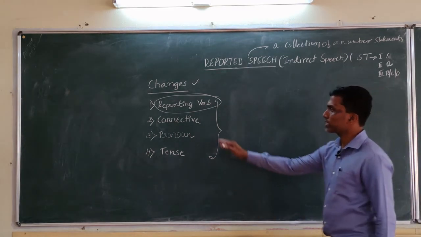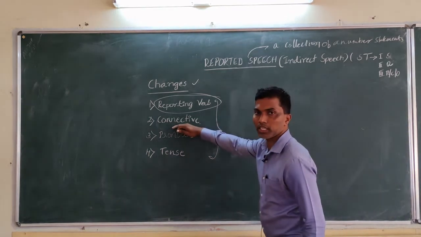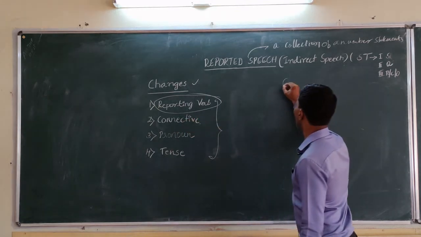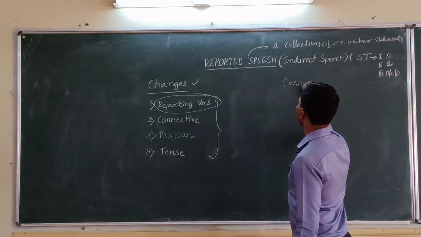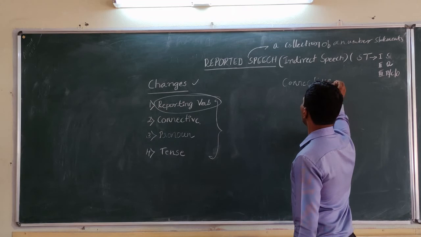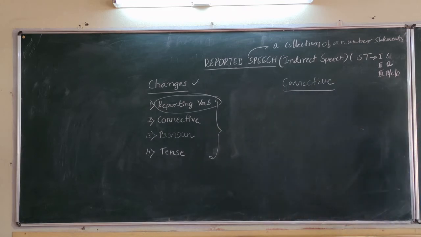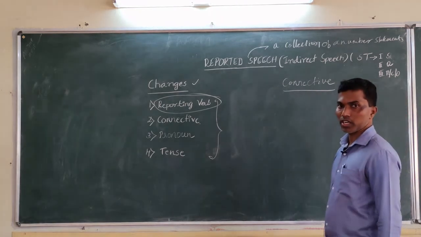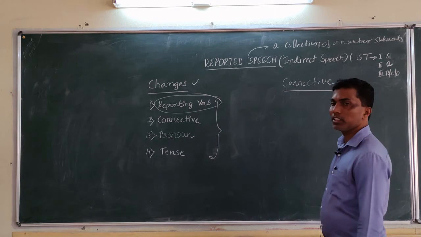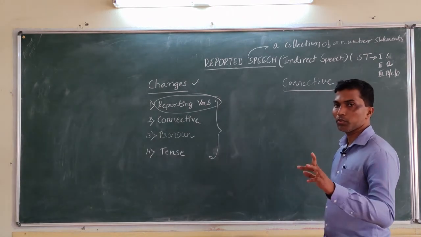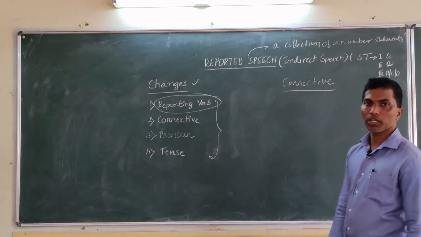The next item that is to be taken up is connective. How important it is when it comes to reported speech. Now, what is connective? Connective is a link or a linker or conjunction. In direct speech there are two parts: reporting clause and reported clause.